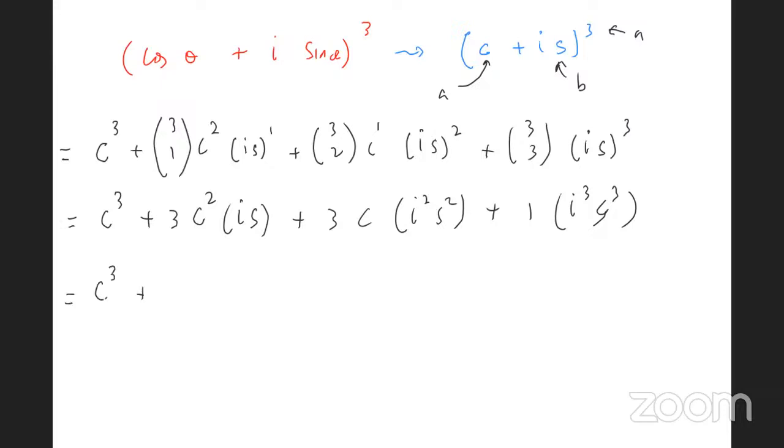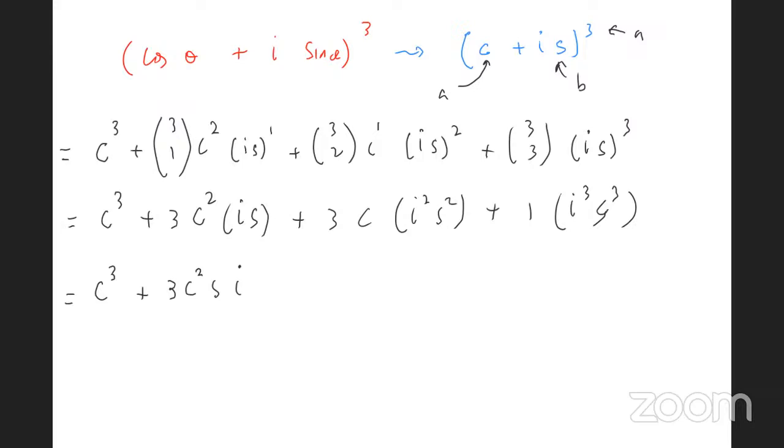So here you will get C cubed + 3C squared S i. The reason I put the i on the end is I want you to identify that this is an imaginary term. So within the whole expansion, that part is an imaginary part because it has an i. We know i squared is -1, so you get to use it here.